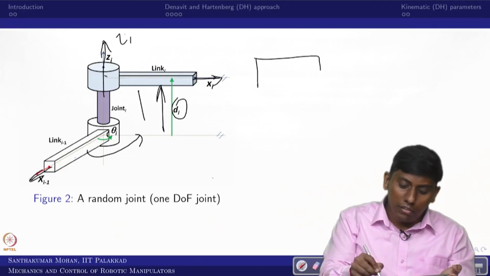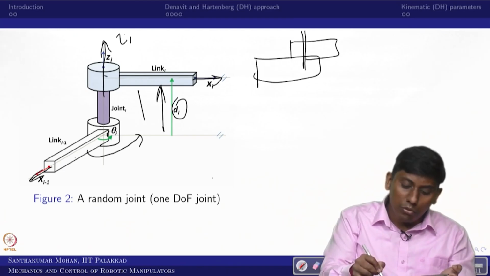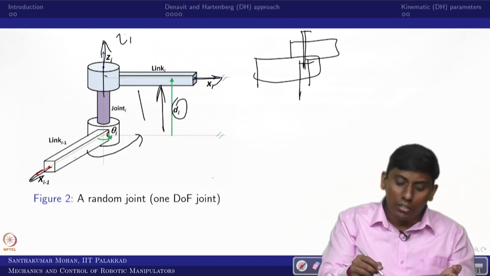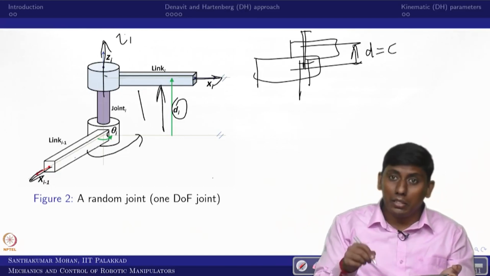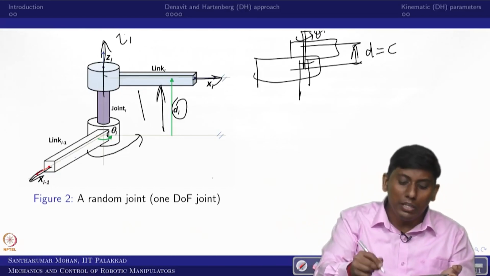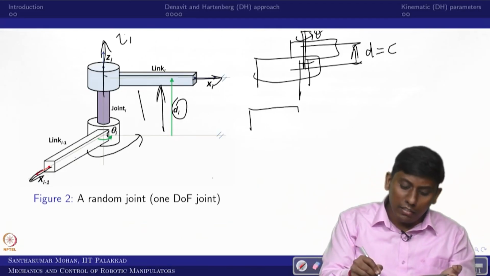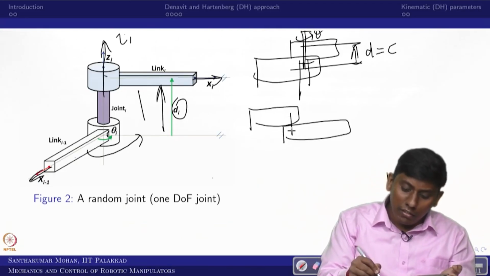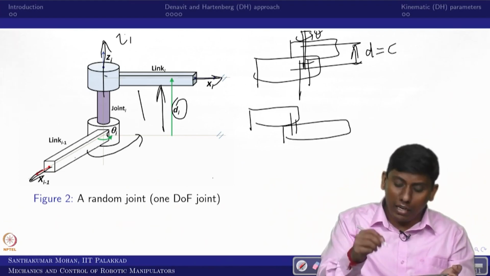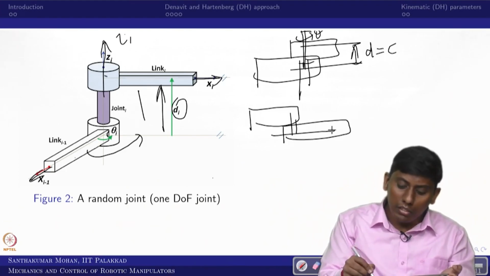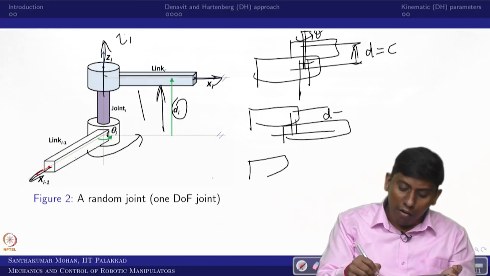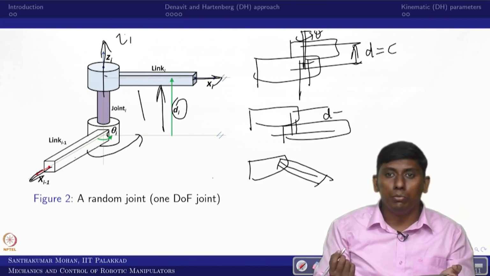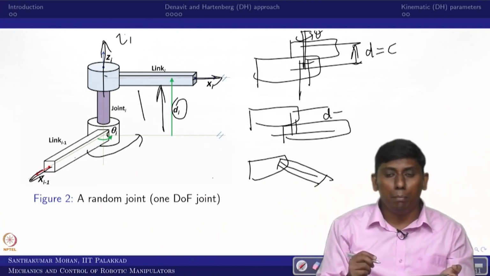For example, if you attach a rotary motor, the offset distance is constant but theta is variable. In the other case, expanding as a translation joint, the distance is variable, but in the top view any angular information would be constant because it only translates up and down.